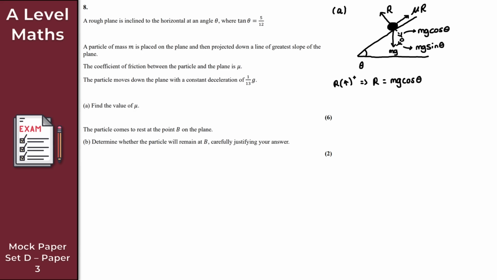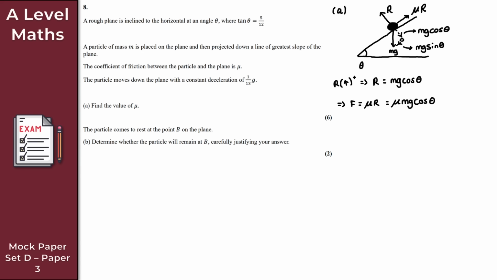What I also know is that F is equal to mu R, as we've noted on our diagram, so it's going to be mu times mg cos theta, like so. So that's all well and good up to now.